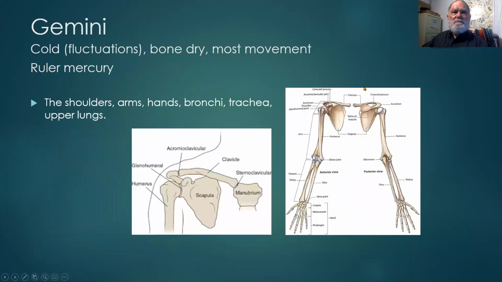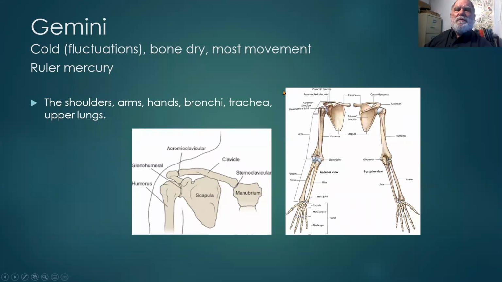So Gemini, we'll say it rules the shoulders, the arms, the hands, and the bronchial tract, the respiratory tract, and the trachea into the lungs, and it rules the upper part of the lungs. This is about the upper two thirds of the lungs. I'll show you some pictures of the lobes of the lungs there.